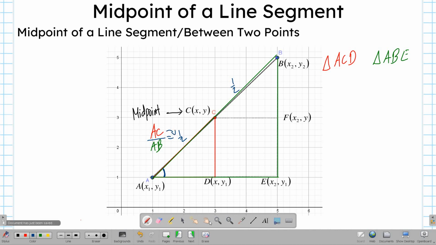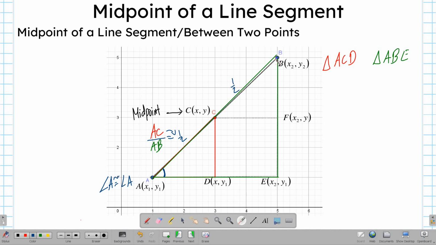So, since we have the same angle, by the reflexive property of congruence, angle A is congruent to itself. Angle A is congruent to angle A. And we can see that this holds because C is the midpoint, so it is half. Therefore, AC and AB are proportional.